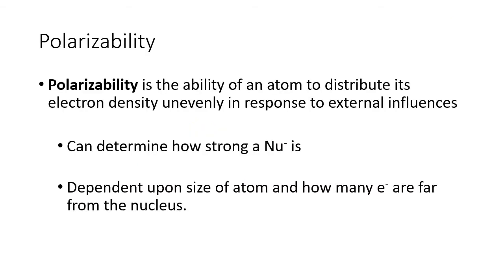Another concept that comes up when we start looking at mechanisms is polarizability. So polarizability is the ability of an atom to distribute its electron density unevenly in response to external influences.